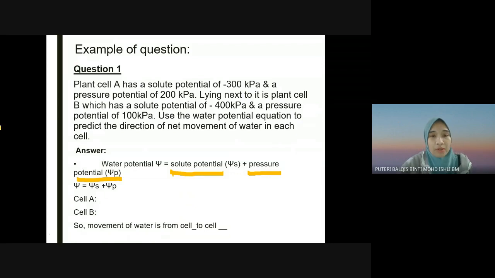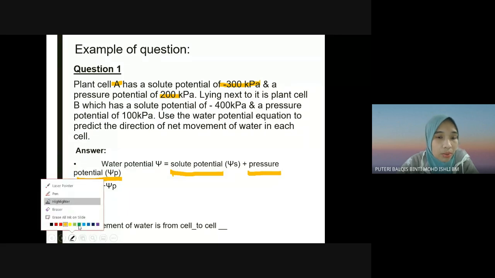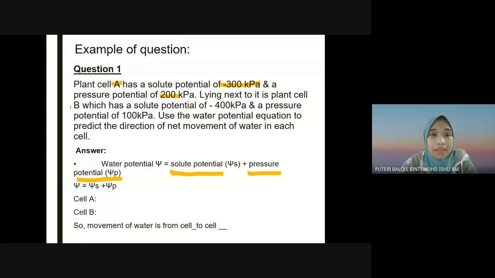Okay, for example, question 1. Plant cell A has solute potential negative 300, pressure potential is 200. Okay, sekarang kita tengok plant cell B. Plant cell B has a solute potential negative 400 kilopascal, pressure potential 100.